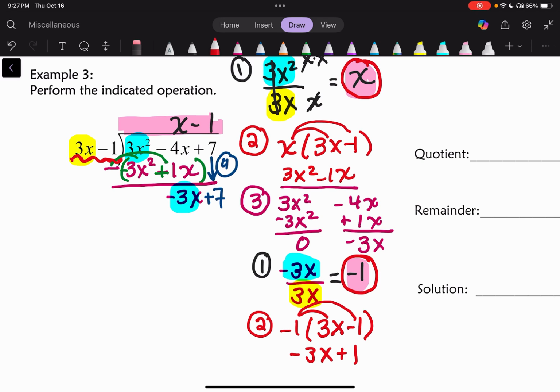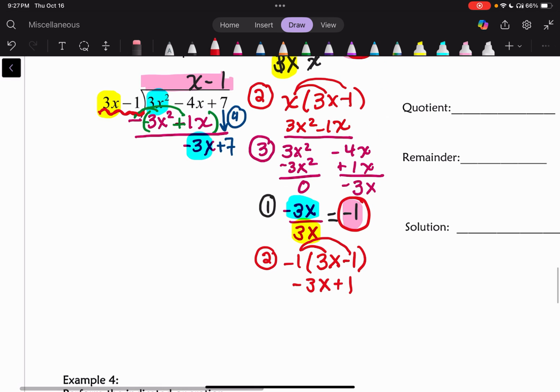So then from there, I'm going to move into step 3. Remember, step 3 tells us that we are subtracting. So I'm going to take this that I just had, and I am going to subtract it. Looks like I was using lines, so I'll keep it consistent. So we are going to subtract. So you got to put our minus sign here. Don't forget to put your minus sign so you know that you're actually doing that step. And we are going to copy that negative 3x plus 1.